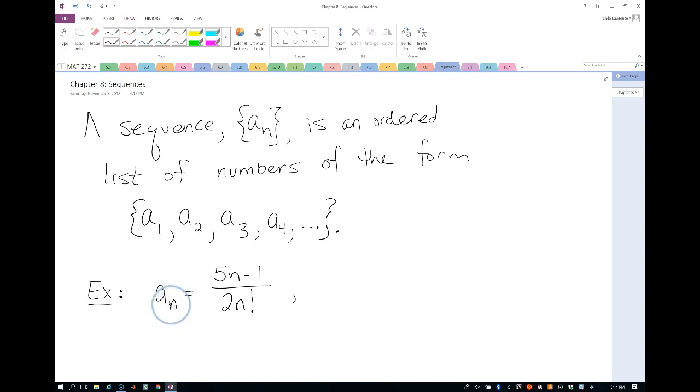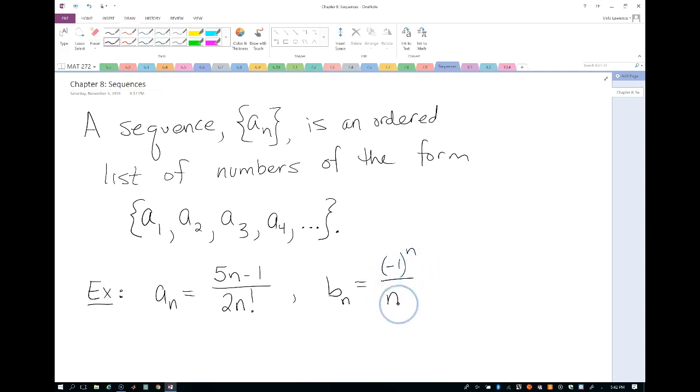N is the index, which means N is kind of like the variable that we're using. To get the first term, we'd plug in n equals 1. To get the second term, we'd plug in n equals 2. So the 5n minus 1 over 2n factorial is an explicit formula for how we calculate the terms of this sequence.